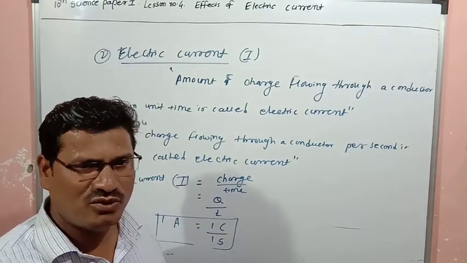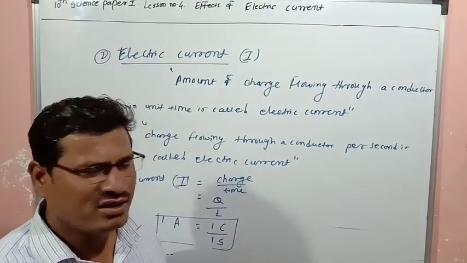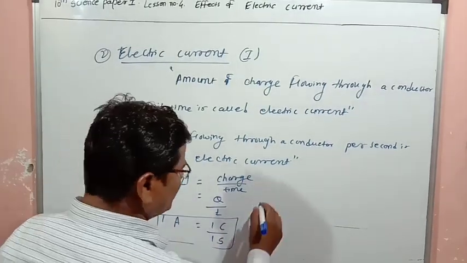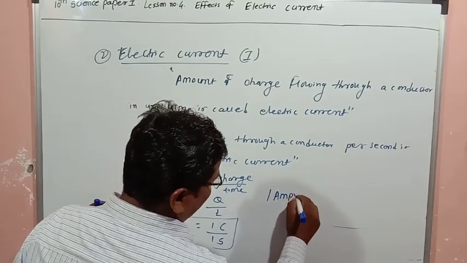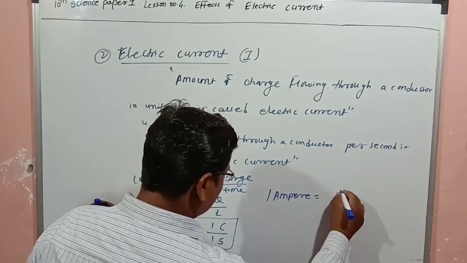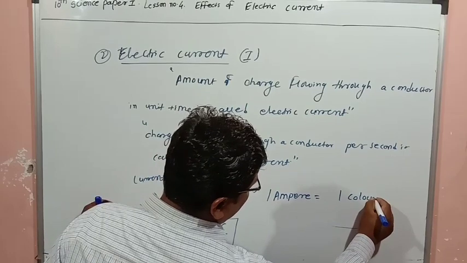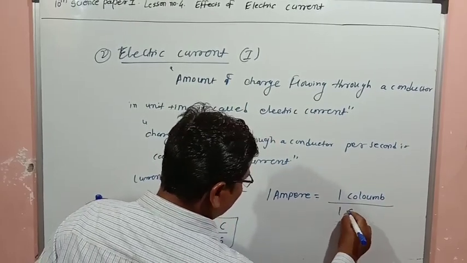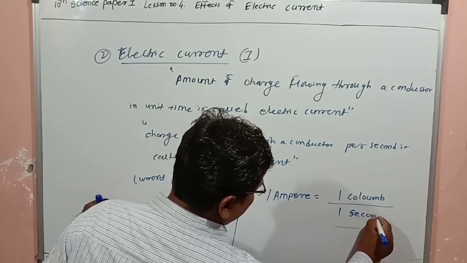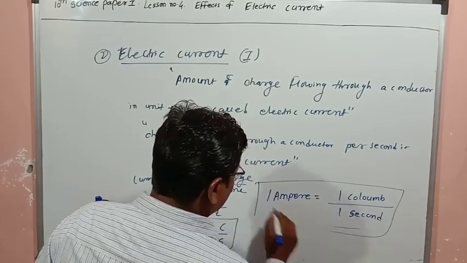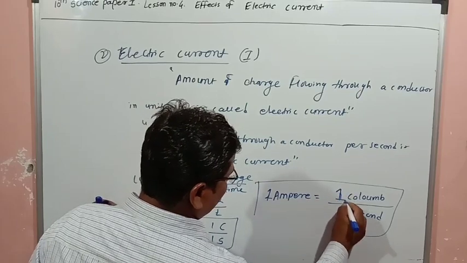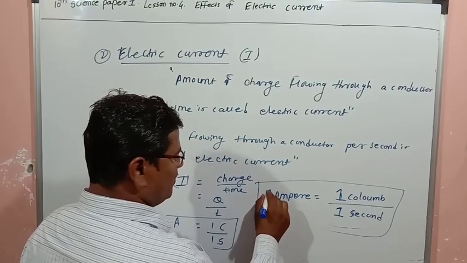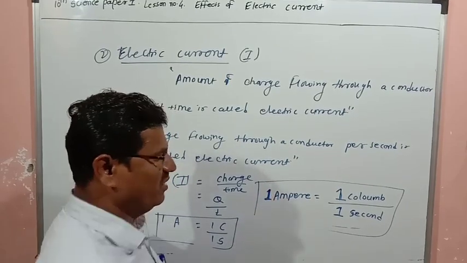So 1 ampere is equal to 1 coulomb divided by 1 second. Ampere is the unit of electric current.